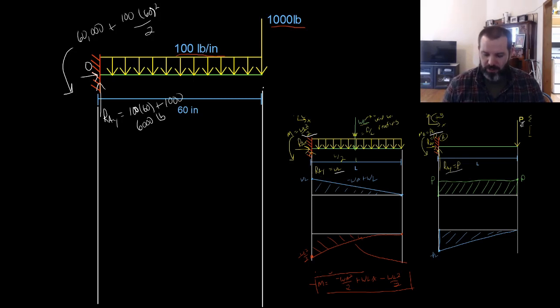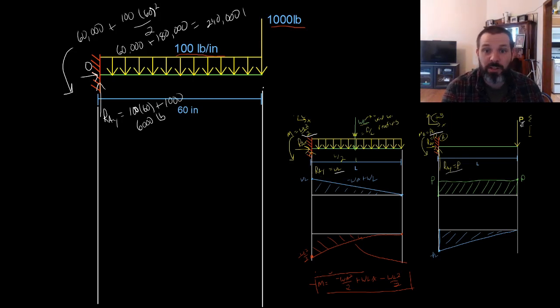Say 100 times 60 squared divided by 2 is 180,000. So we'll have 60,000 plus 180,000 is equal to 240,000.